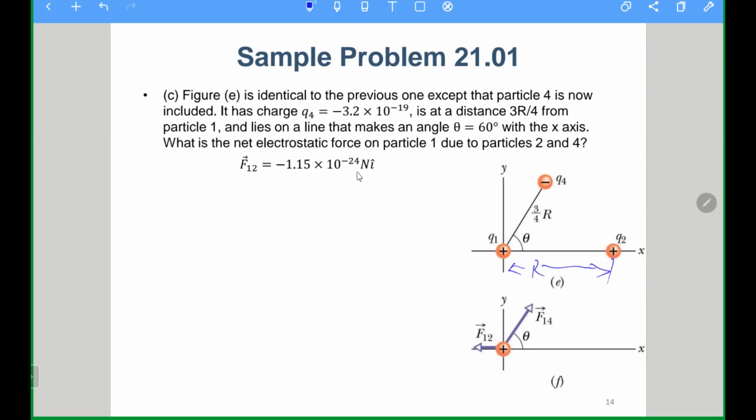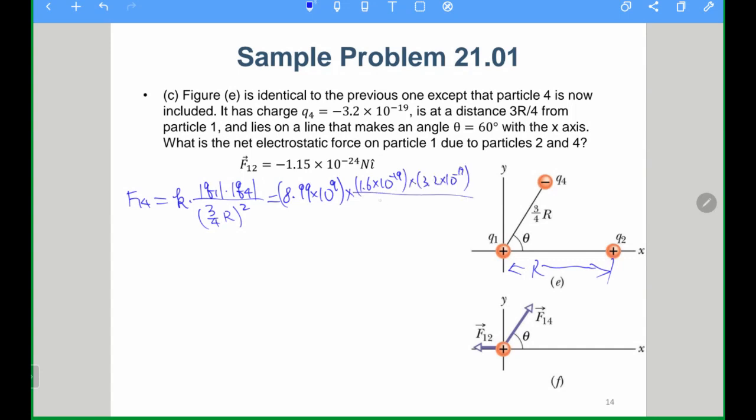Okay, so next we would like to calculate F14. So it is k times the absolute value of Q1 times the absolute value of Q4, all over the distance, 3/4 of R, quantity squared. So we can just plug in the numbers. This is 8.99 times 10 to the 9th power, times 1.6 times 10 to the minus 19, times 3.2 times 10 to the minus 19, over 3/4 times 0.02, quantity squared.